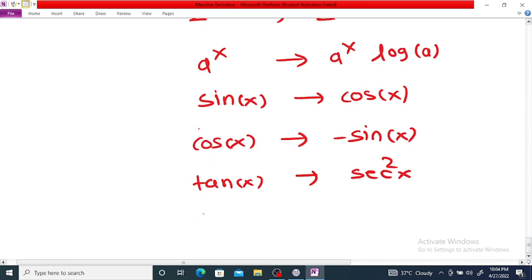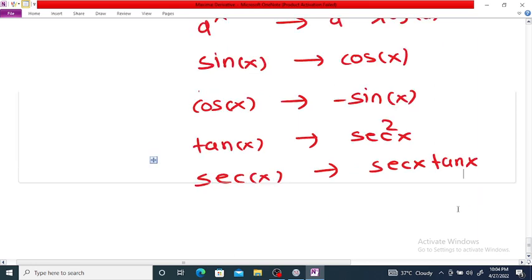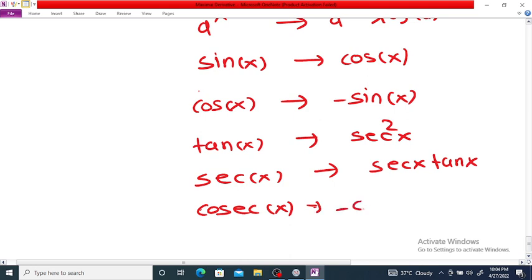If it is equal to sec x, then it is equal to sec x into tan x. If it is equal to cosec x, that is equal to minus cosec x into cot x. If it is equal to cot x, then it is equal to minus cosec square x.